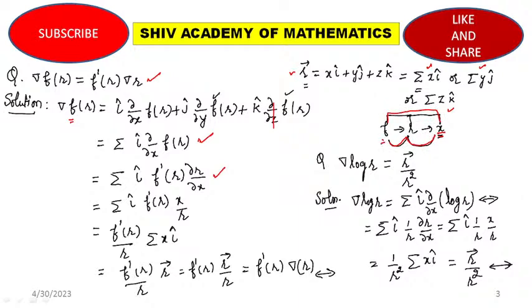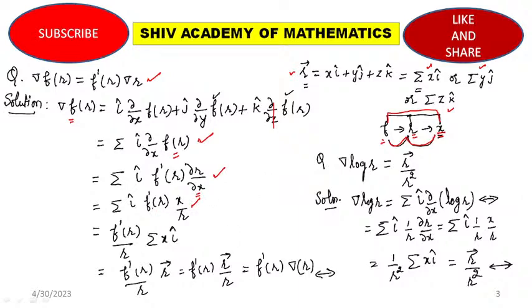First of all, we differentiate f with respect to r. That's why we get f dash r. Suppose f depends on a single variable, then we take it as prime, that is the total derivative. But this r depends on x, y, z, that's why we use the partial derivative. So you get f dash r del r by del x. Put the value of del r by del x, which is x by r.